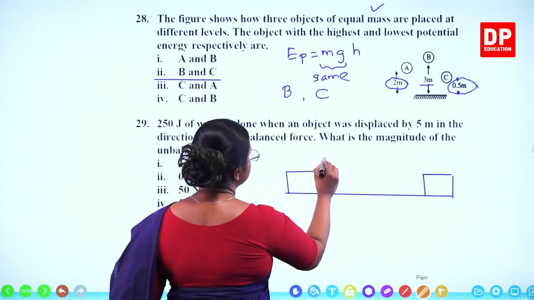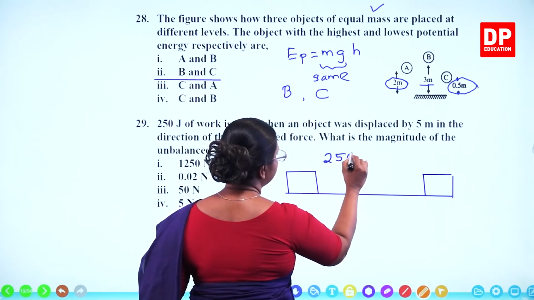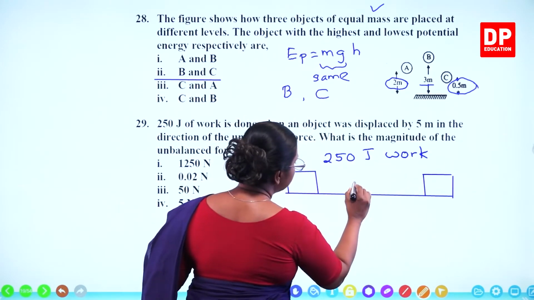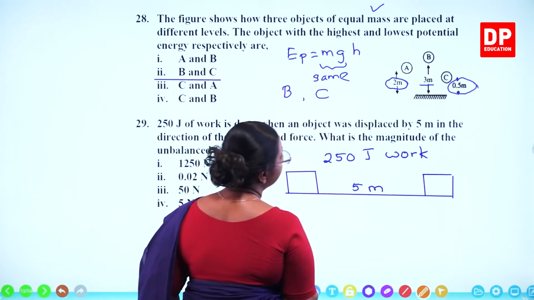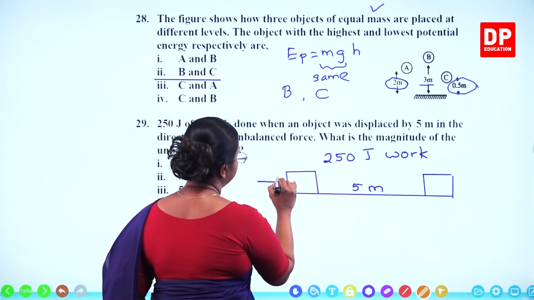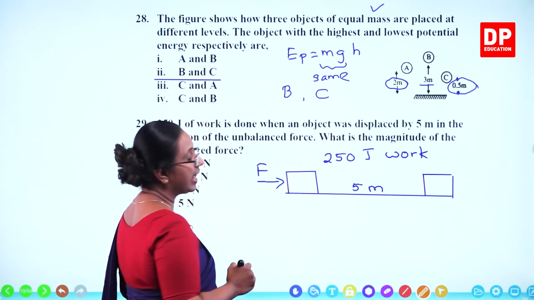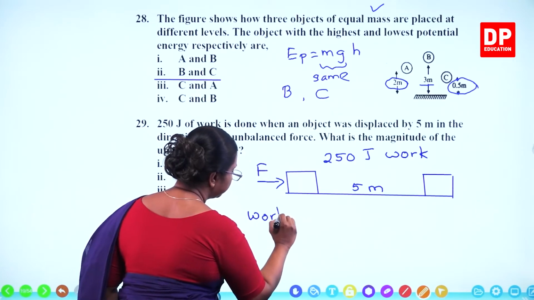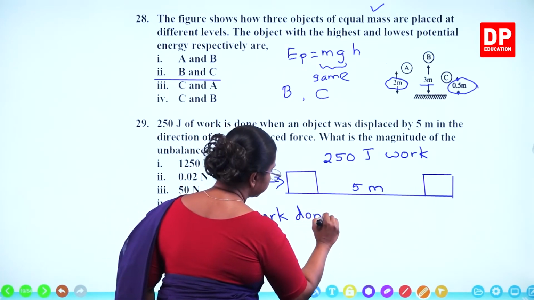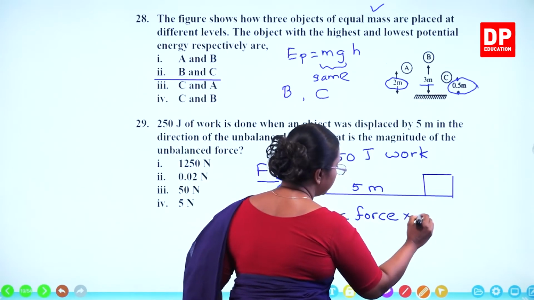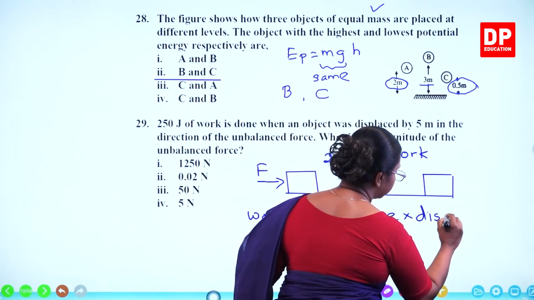During this time, 250 joules of work is done. This distance is 5 meters. We need to find F, the force applied. So how do we do that? Work done, force into displacement.